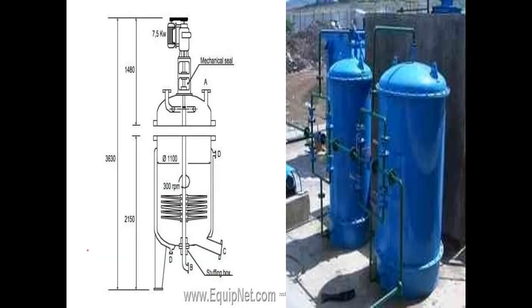This is the pressure filter. You send the water in from the inlet. It will revolve at a certain number of revolutions per minute, that is 300 rpm. The diameter is 1100. So this is the original diagram of the pressure filter.